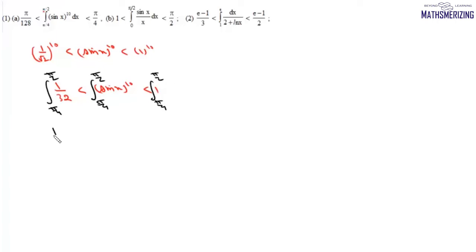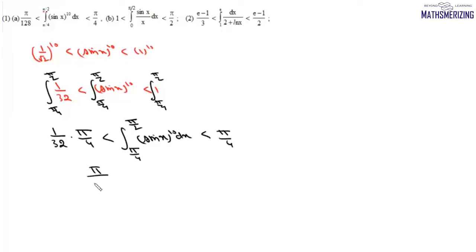We can write 1 by 32, and then here it will be simply pi by 4, it will be less than this integral from pi by 4 to pi by 2 of sin x to the power 10 dx, and it will be less than pi by 4. So we can write pi upon 128 is less than this integral, which is less than pi by 4, and that's your first question.